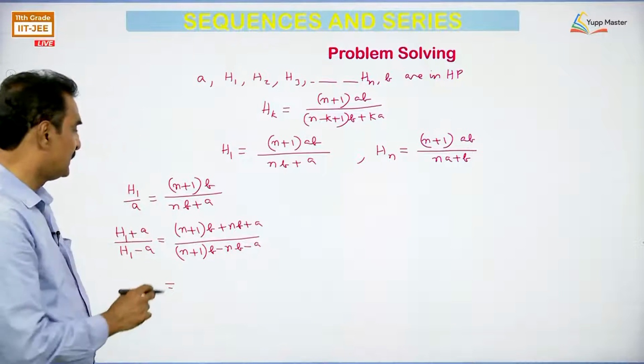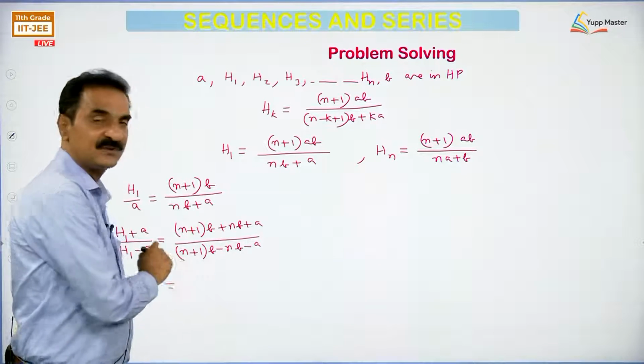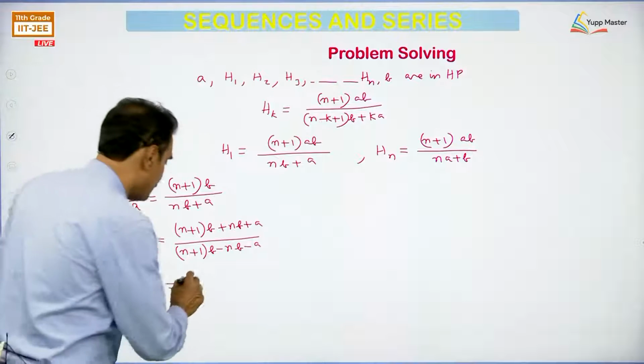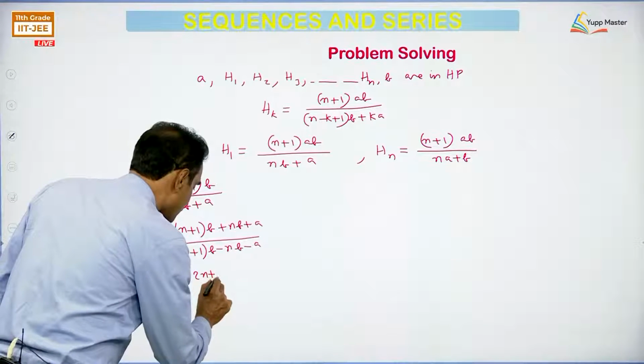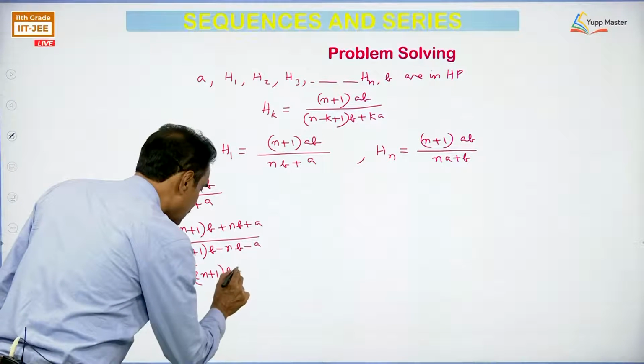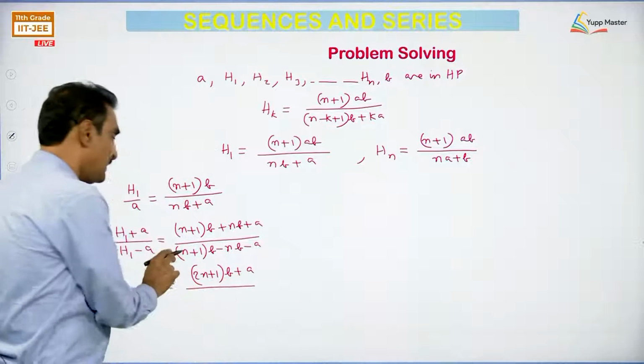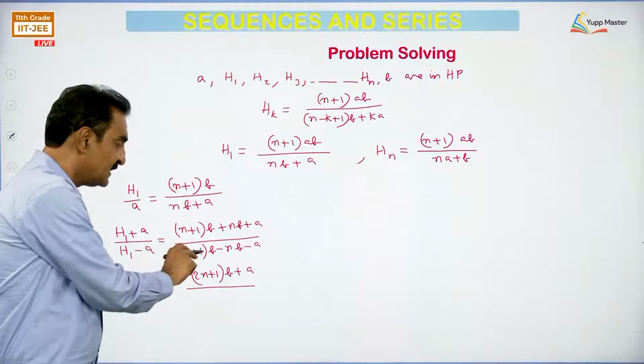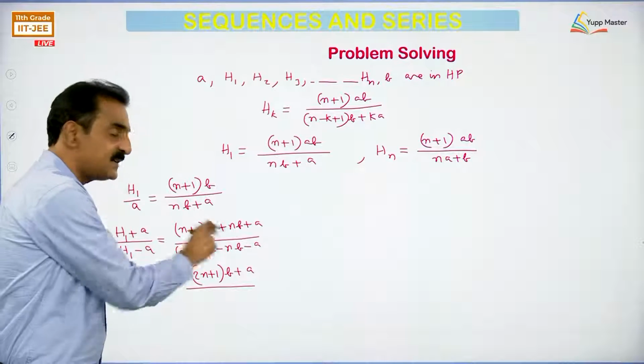What is it? In the numerator, if you take B common from these two, you will get 2n plus 1 into B plus A by, in the denominator nB cancels, we will get 1 into B, B minus A.